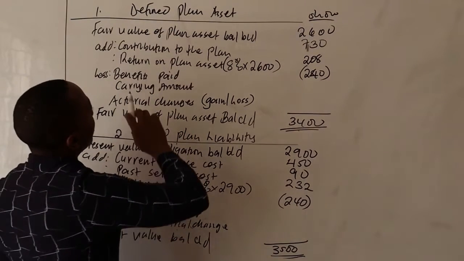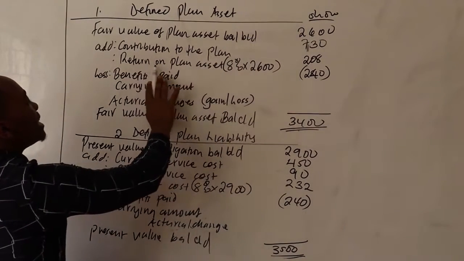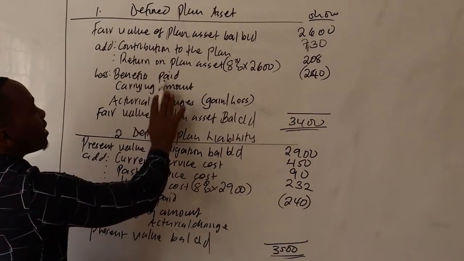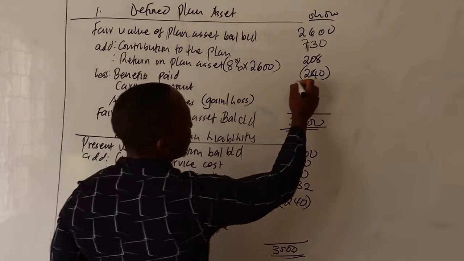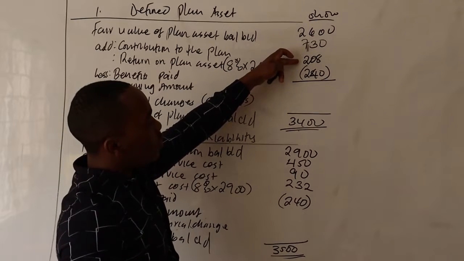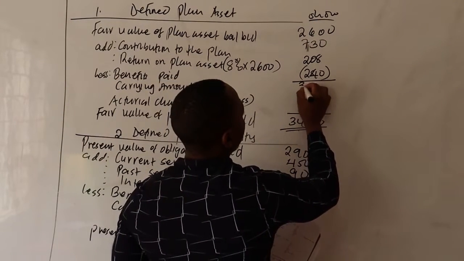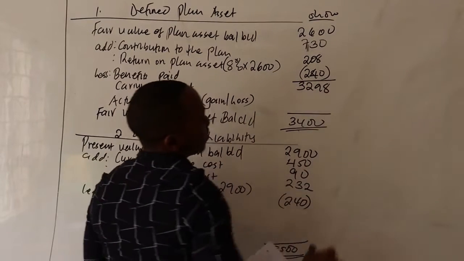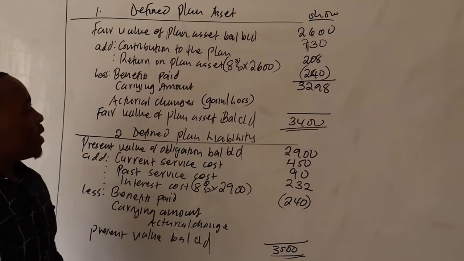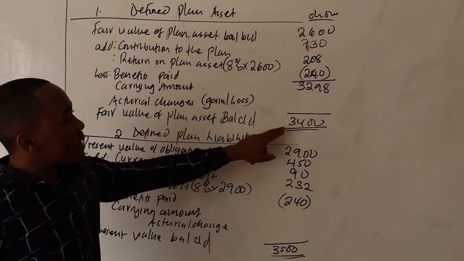For the assets, you take the fair value, you add contribution to the plan, you add return on plan asset, you deduct benefits paid for you to get the carrying amount. So how much will you get? It's 2,600 plus 730 plus 208 minus 240. Find the value of that, 3,298. Then you compare the carrying amount and the balance carried down.